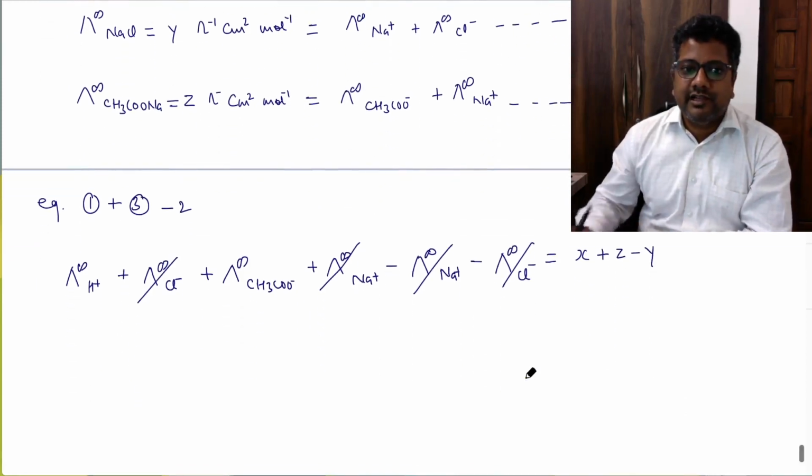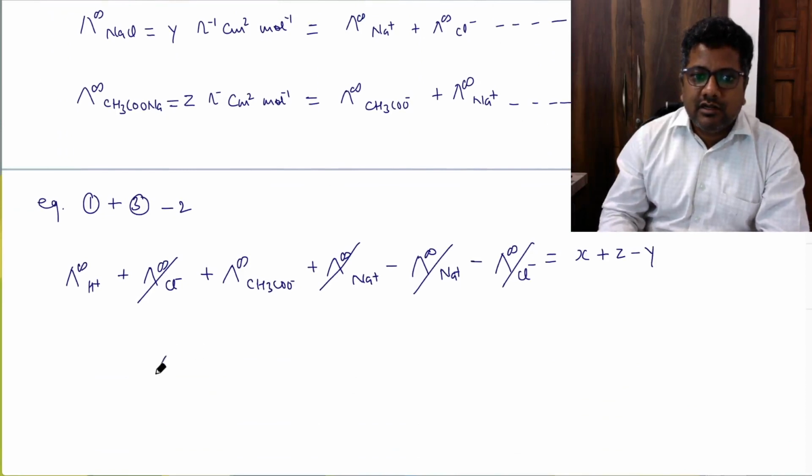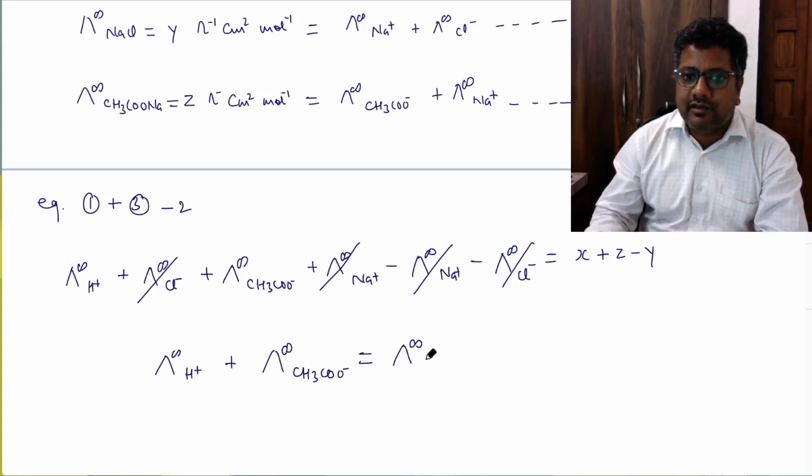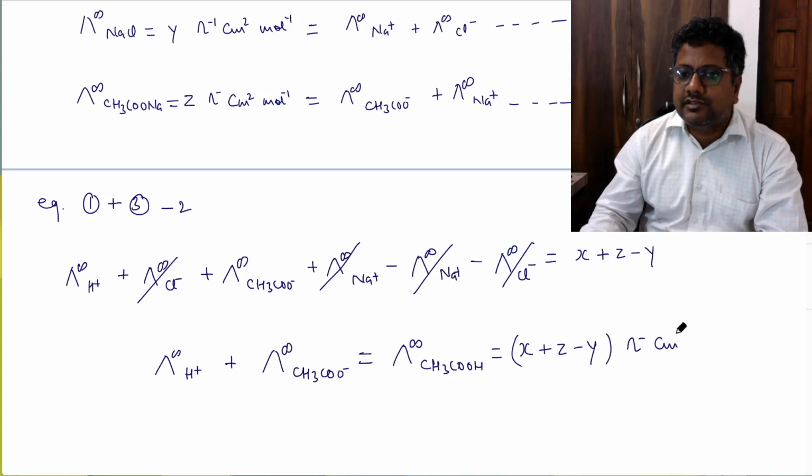So what is left? The molar conductance of H plus at infinite dilution plus molar conductance of CH3COO minus. This is equal to lambda infinite for CH3COOH, and this is equal to x plus z minus y, right? Ohm inverse centimeter square per mole.